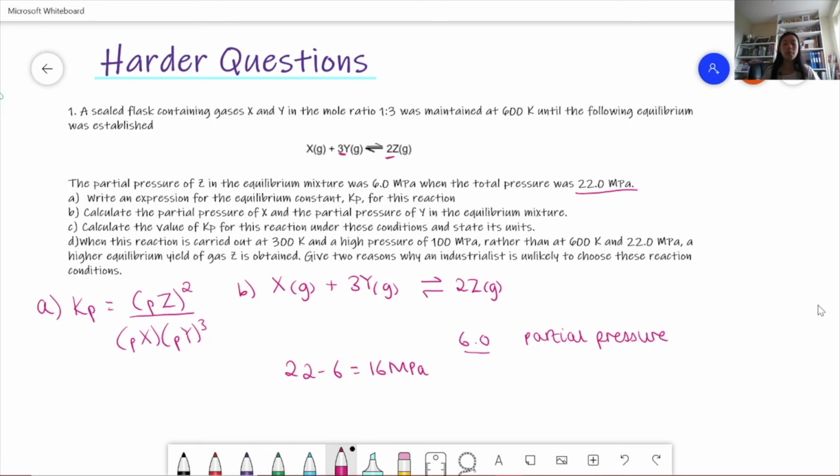And so a quarter of it is X and 3/4 of it is Y. If we do 16 divided by 4, this gives us the partial pressure of X, because it's a quarter of it. So we have 4 megapascals of X, and then we have 3/4 for Y. So we do 4 times 3, which is equal to 12 megapascals. And that's the partial pressure of Y.